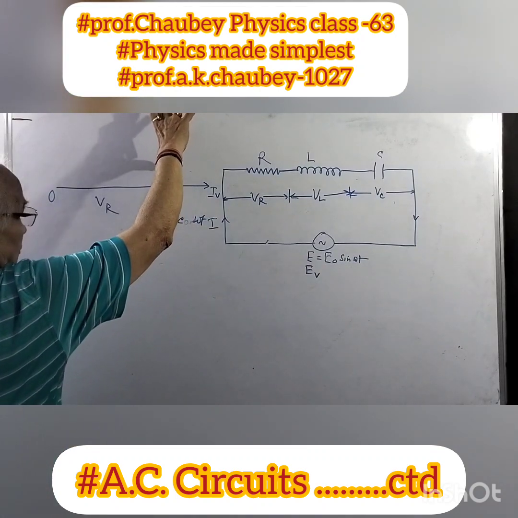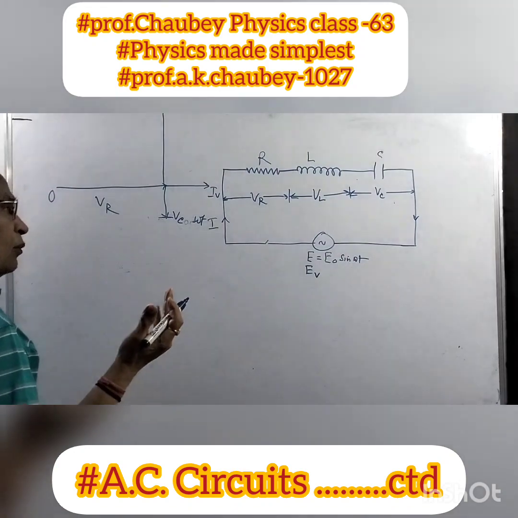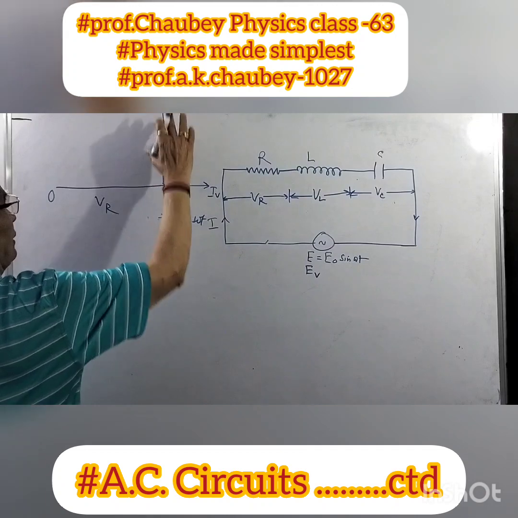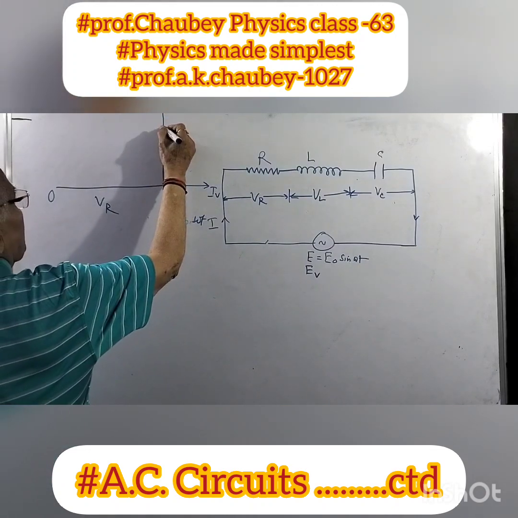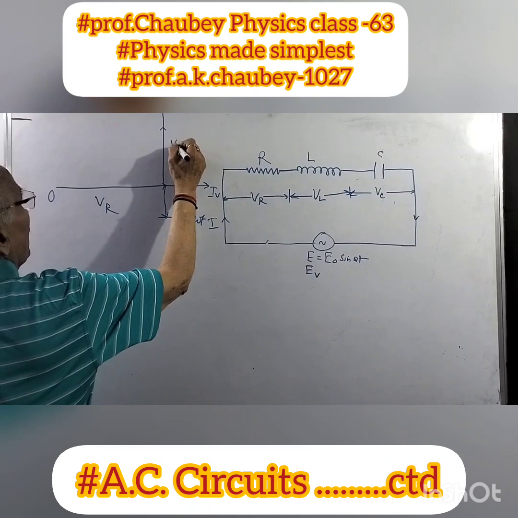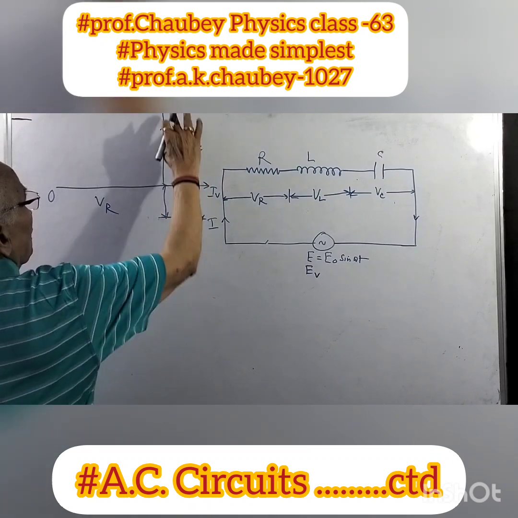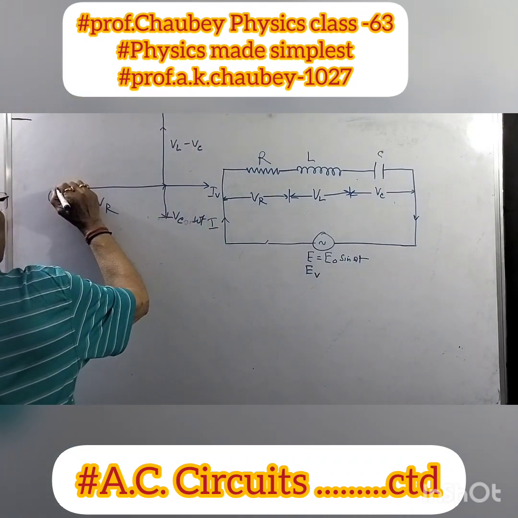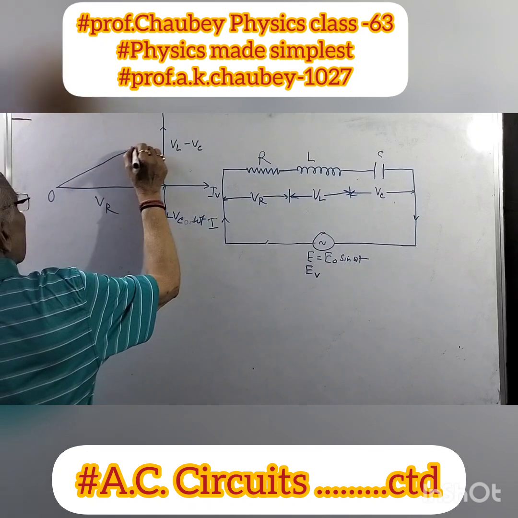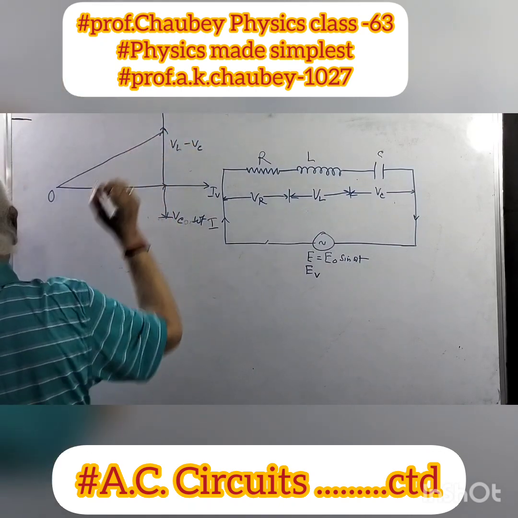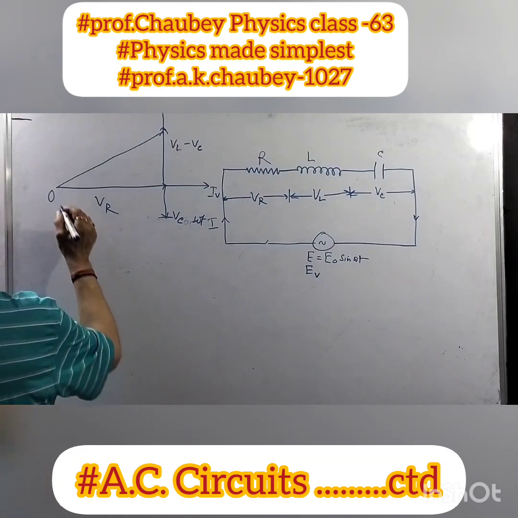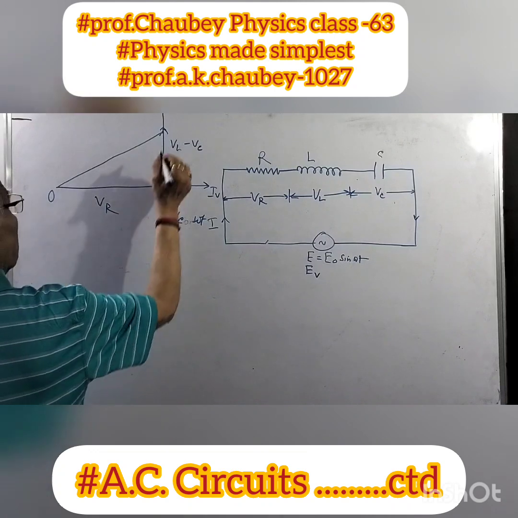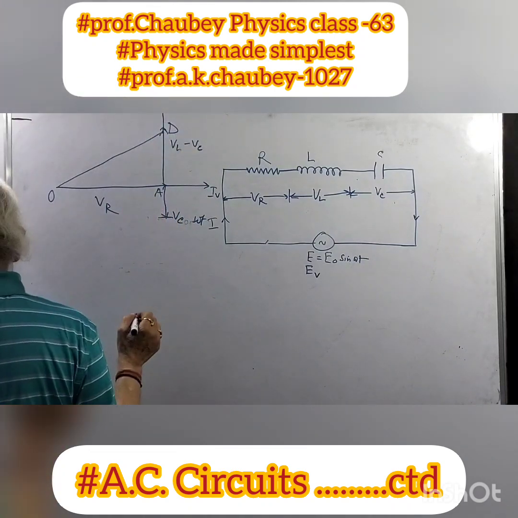So here we can assume VL more or VC more. It depends upon the value of L and C. So I have assumed VL is larger than VC. So the result is here, that is VL minus VC. From this we subtract this, this is left, means resultant. And then we join this point here, so that we have this O, this is the A point, and D point here.